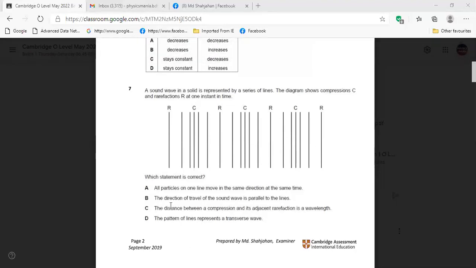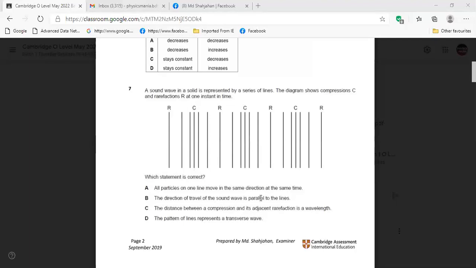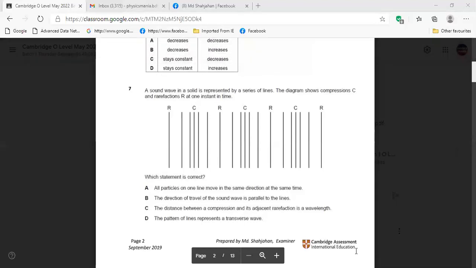That's why this statement is not correct. If we take this statement, we are taking that our wave is going in this direction or this direction. Parallel means this or this direction. But the wave is not going in the parallel direction.